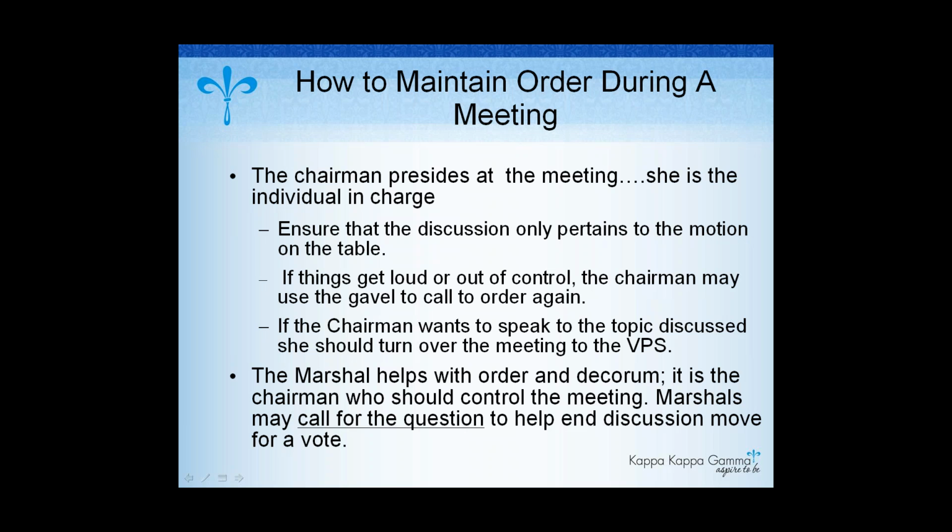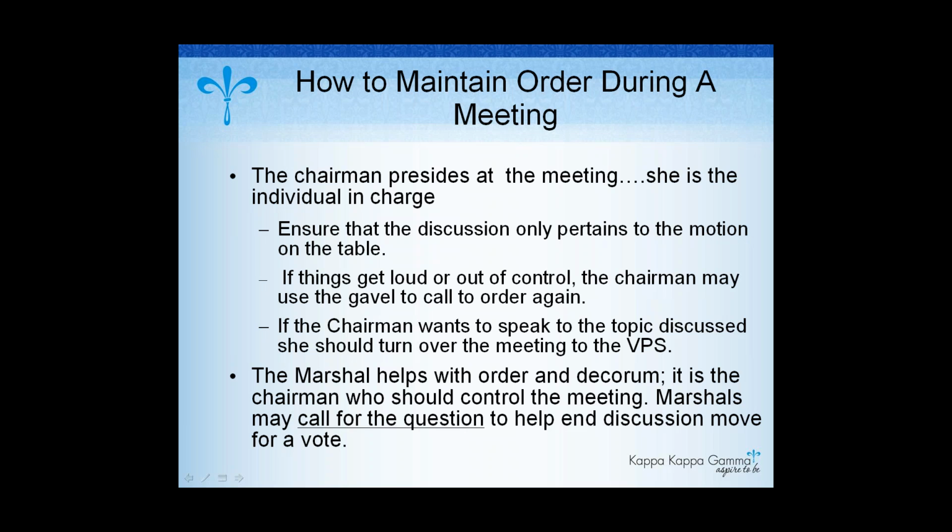Marshals may call for the question when they realize that everything has been said, everybody's been heard, and now we're on the second or third time people are speaking. Marshals can help maintain order by just calling for the question, which ends the discussion and moves the motion to a vote.